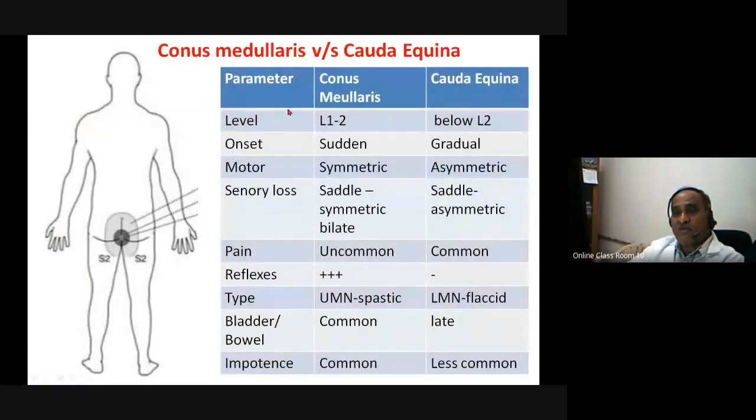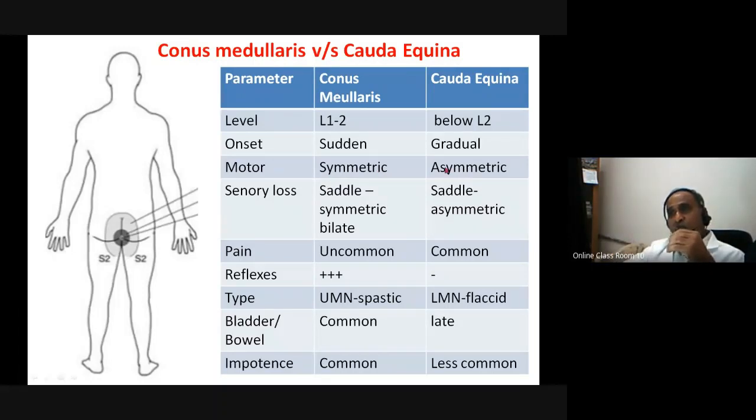Now I will take you further to the physiological aspects, the differences between the conus medullaris and the cauda equina. Again, I come back here. This is conus medullaris and cauda equina. The level is L1 and 2, below L2. The onset is sudden, gradual. The motor changes in case of a conus medullaris are symmetric because there is a cut in the cone.